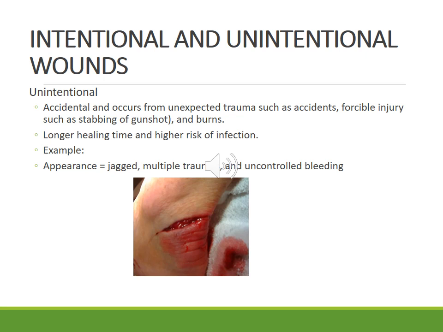These will take a little longer to heal because this cut probably wasn't made with sterile technique. We are at a higher risk of infection with unintentional wounds. And again, the appearance of this, sometimes they're jagged. Sometimes you may have some uncontrollable bleeding, and sometimes more tissue loss with these, so that takes a little longer to heal as well.